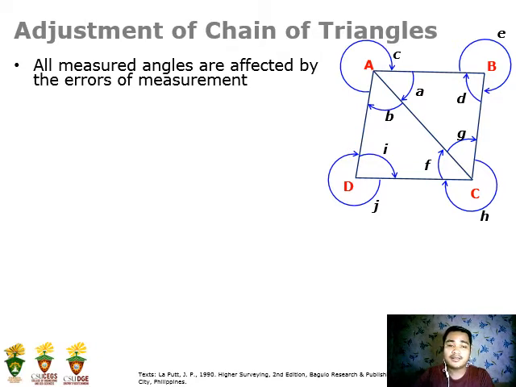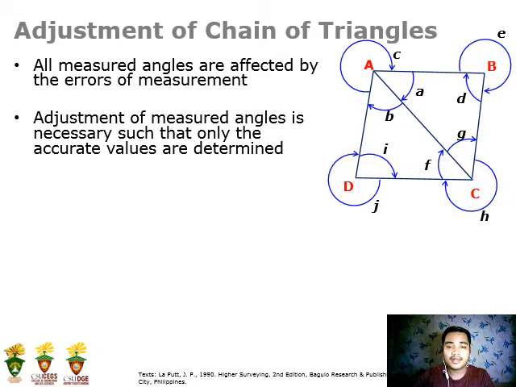In the chain of triangles, all the measured angles in the triangle are affected by the errors in measurements. We know that every measurement we make encounters error. Adjustment of measured angles is necessary such that the accurate values are determined.